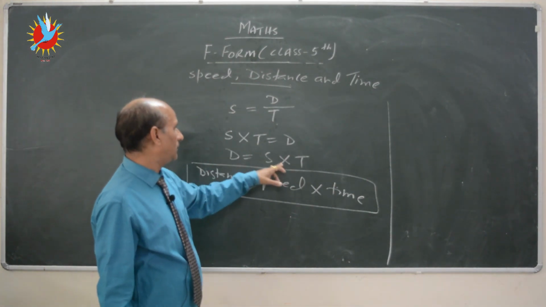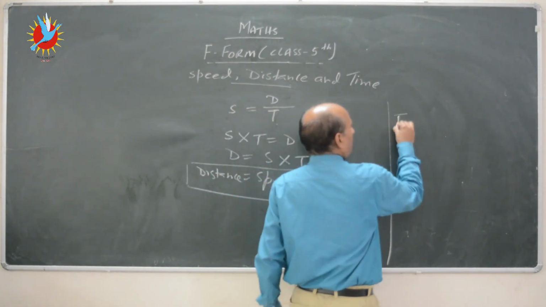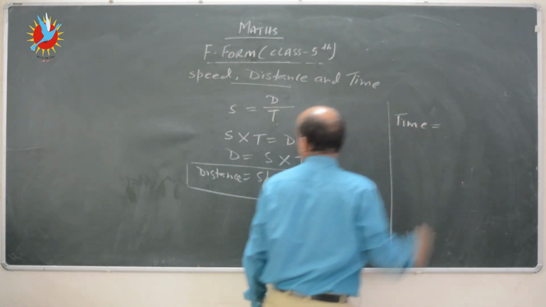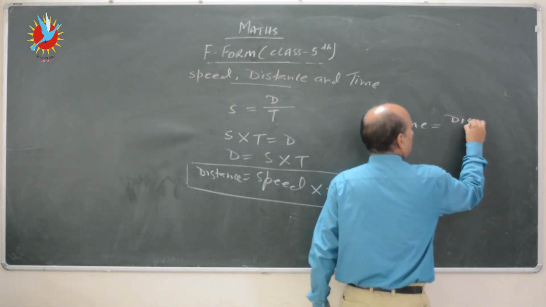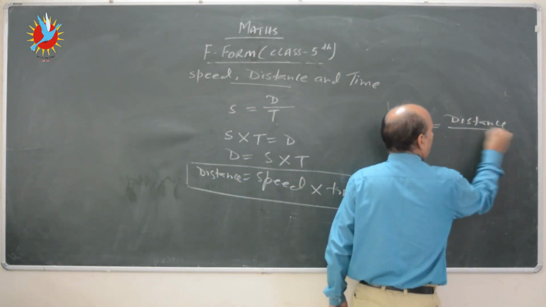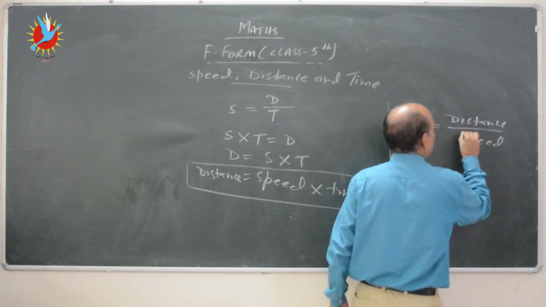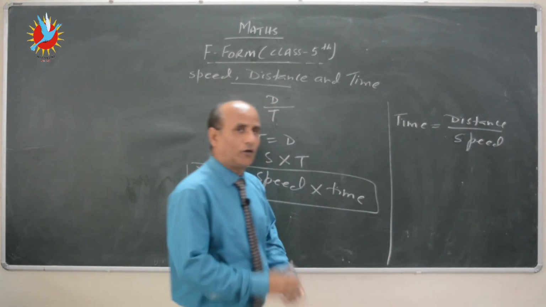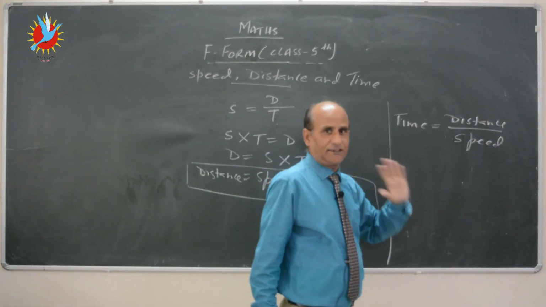So here it is multiplied. When it comes in this direction, it divides. So time is equal to distance divided by speed. So if you want to find the time, then it is distance divided by speed.